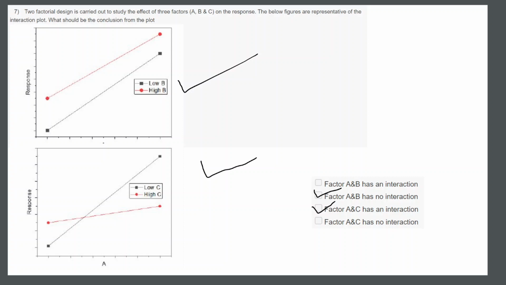Here, with respect to A, with the addition of B and C, how they interact and how the response varies, that's what we have in this problem.